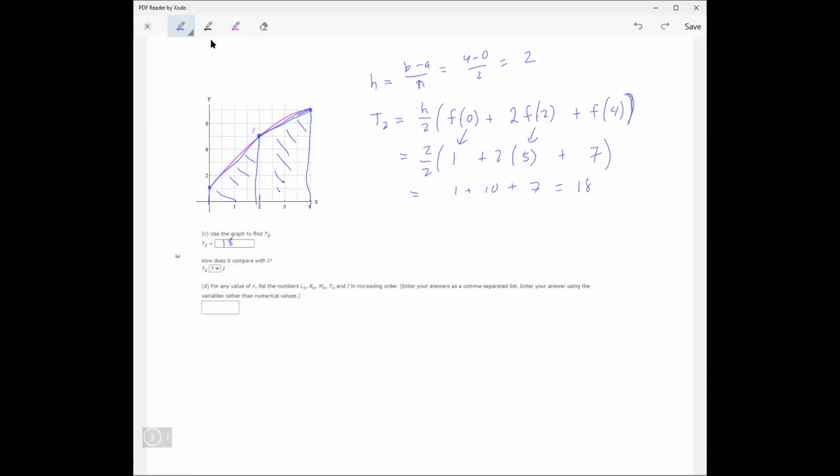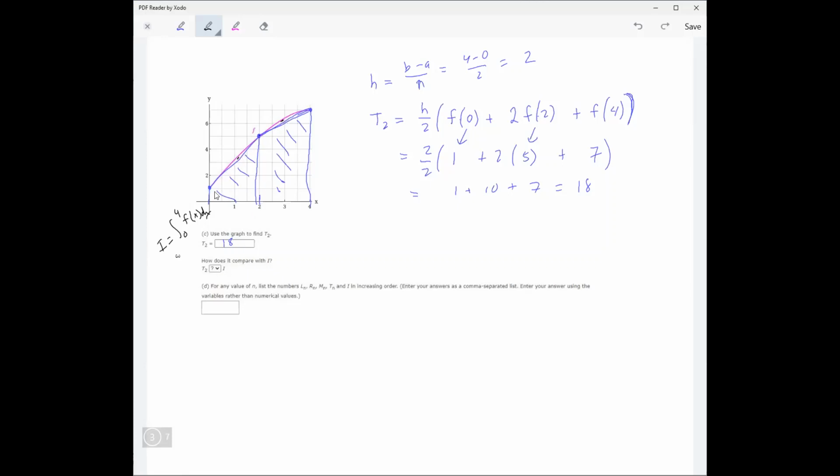Now I is equal to the integral from 0 to 4. Because this area here is this trapezoid, and the curve has curvature, it's concave down, right? So that means there's some space in here and here that wasn't counted, that should have been counted.